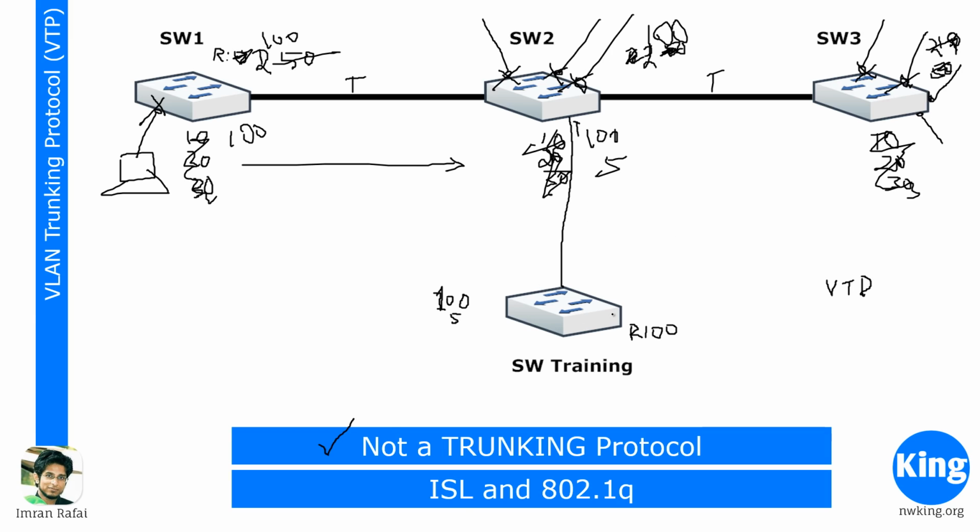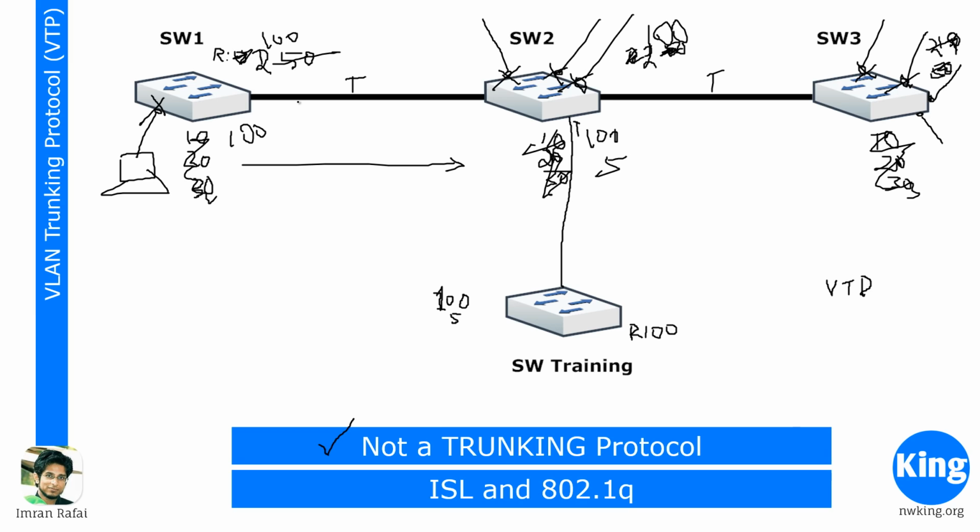So let's say this is running VTP and it has a domain, let's say networking.com, and switch 2 and switch 3 have the VTP domain networking.org. If switch 1 does not have the same domain, it will not replicate. So as a prevention, you have some safety mechanisms, where only if those domains match will the replication take place. But still Cisco recommends not to use it, right?